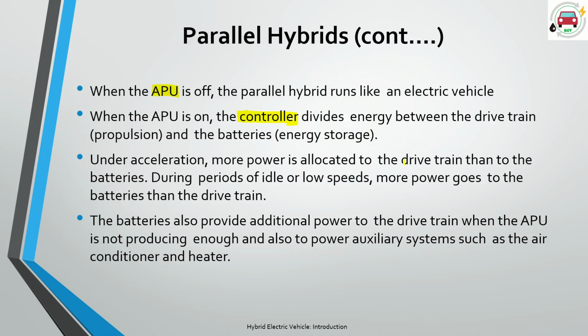Drivetrain means what? We're going to shift the gears, we're going to have the transmission changes, gear changes, and we are dividing that load with the help of the drivetrain, right?